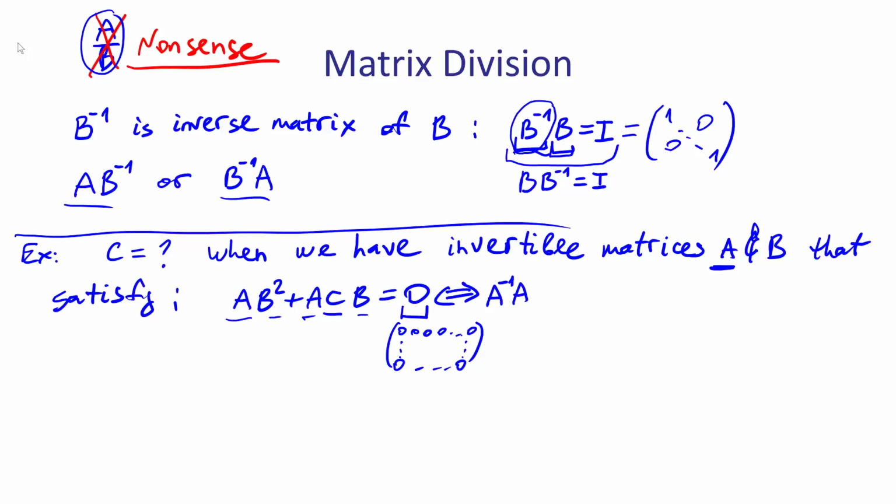So it's A to the power minus 1 multiplied by A, B squared, plus A minus 1, and this is because I'm using the distributive law, then A, C, B equals A to the minus 1 times matrix 0. Now, this is still 0 because no matter what you multiply by matrix 0, you still get matrix 0.